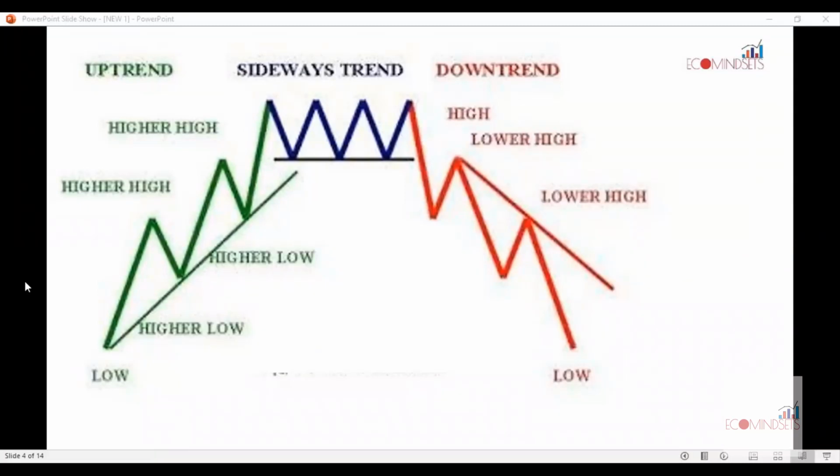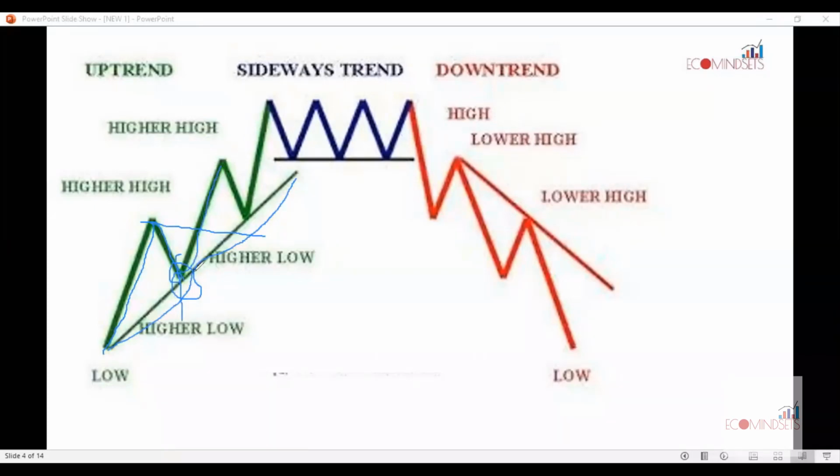Over here on the green, you realize that there is a trend line in the green color. Anytime the market moves upward and then tries coming down, once it gets to this trend line, it couldn't break through and continue in the downward direction, but rather bounced back up.